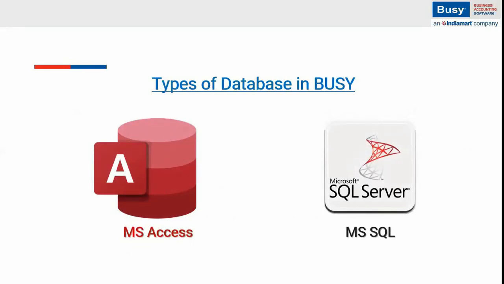So in Busy we have two types of databases. Busy can support two types of databases. The first one is Microsoft Access and the other is Microsoft SQL. There are many other databases also available in the market, but basically Busy can support these two databases.